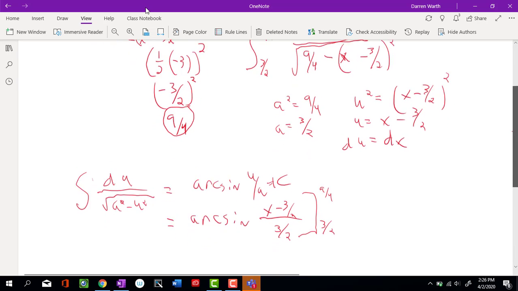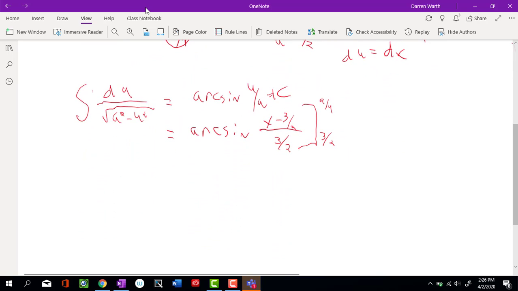So to evaluate this from 9/4 to 3/2, it's just a matter of substitution. Remember, that's going to be f of 9/4 minus f of 3/2.